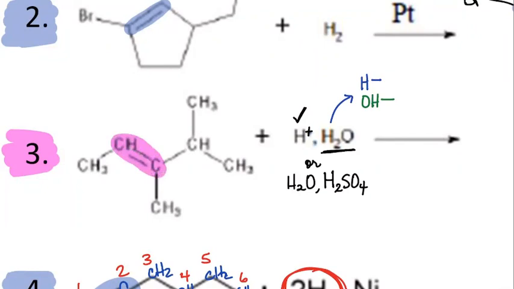I'm going to label each of the carbons with a number. Let's say this is carbon 1 and this is carbon 2. Let's put in the chat, how many hydrogens are attached directly to carbon 1?